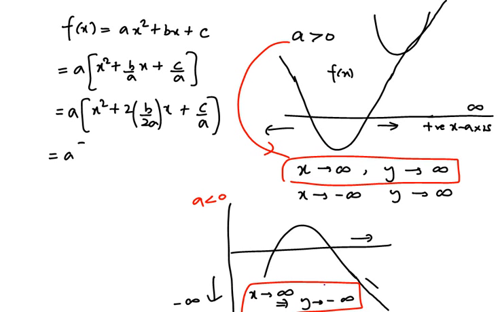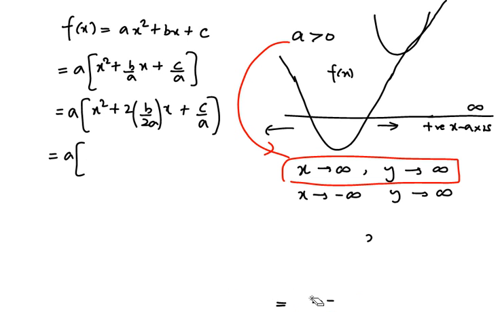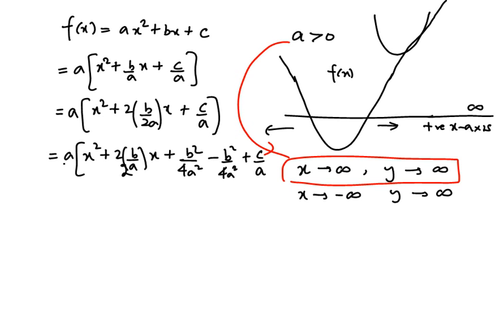The next thing I do is add b square by 4a square, and I subtract b square by 4a square, and c by a is as it is.